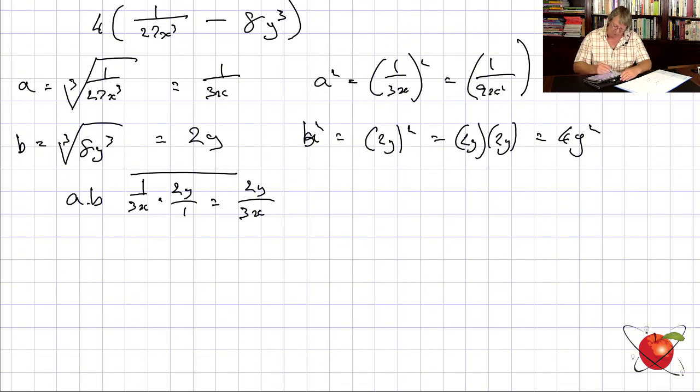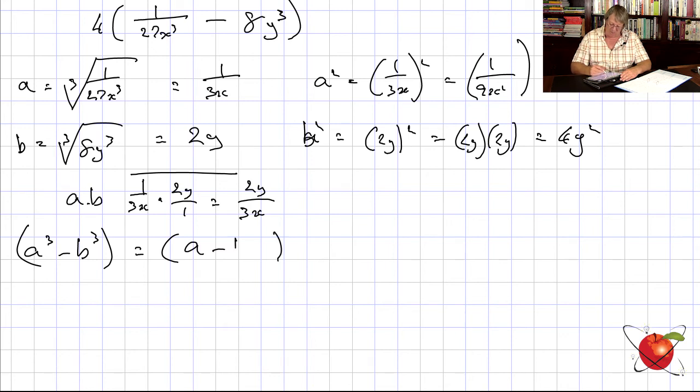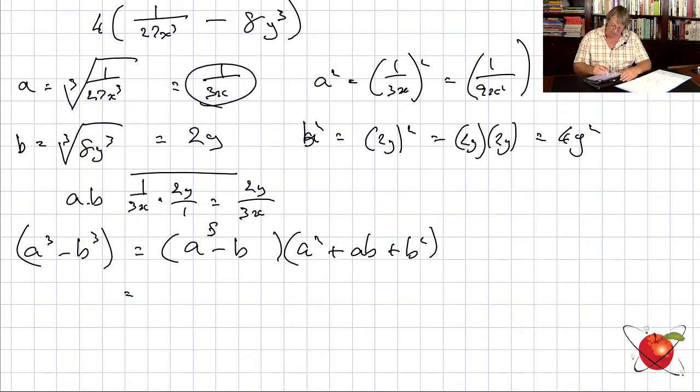This is of the form a cubed minus b cubed. Therefore, it's going to break down into a minus b, same sign. Okay? A squared, change sign. AB plus b squared always. So it's a, now I find a. There it is. 1 over 3x minus b, 2y. Brackets a squared.